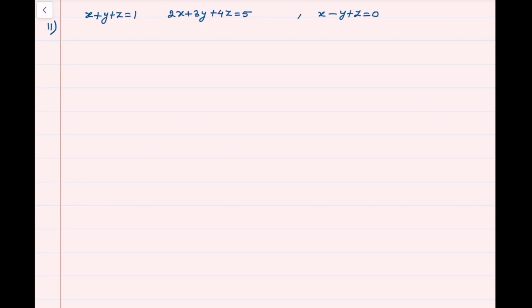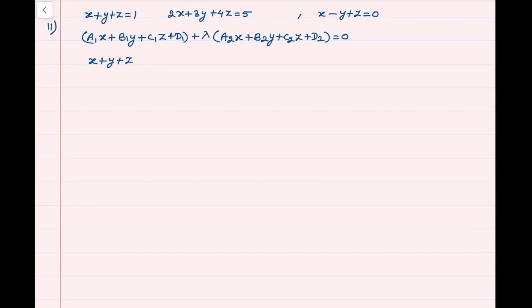We will write the equation of the whole family. The formula is a1x plus b1y plus c1z plus d1 plus lambda times a2x plus b2y plus c2z plus d2 is equal to 0. We will substitute. The first equation is x plus y plus z.